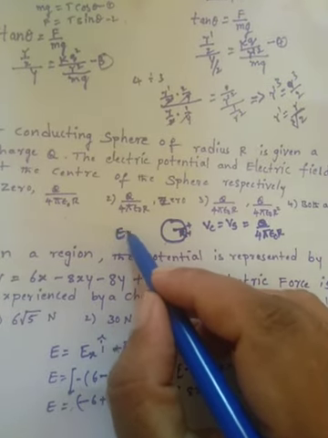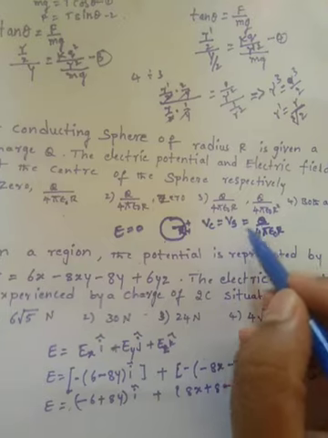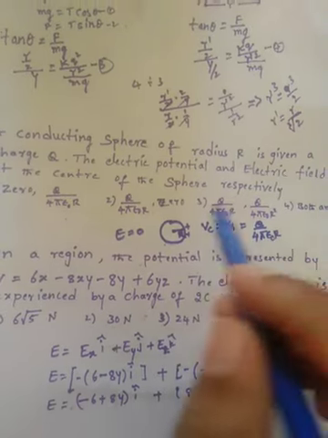So E is 0 and the potential will be q divided by 4 pi epsilon 0 R.